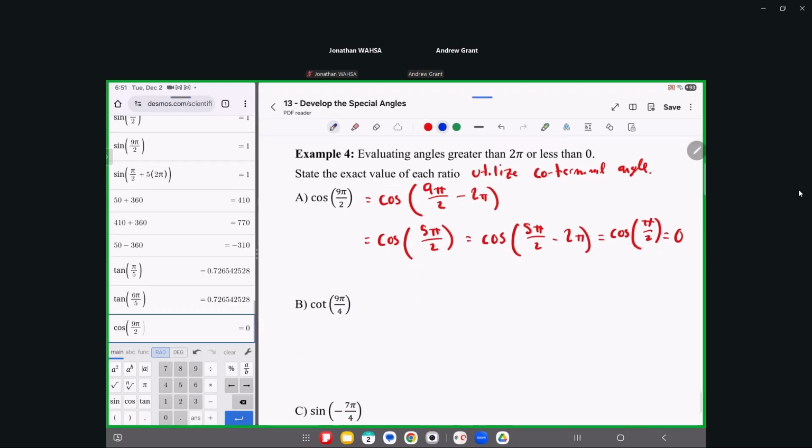Cotangent of 9 pi over 4, well, we're going to minus off 2 pi, so this is going to be the same thing as cotangent of... and the reason why I'm minusing off 2 pi is just because I only have a few minutes left. So instead of going through the logic of 2 pi, we'll just skip 2 steps. Now note, 8 pi over 4 is the same thing as 2 pi.